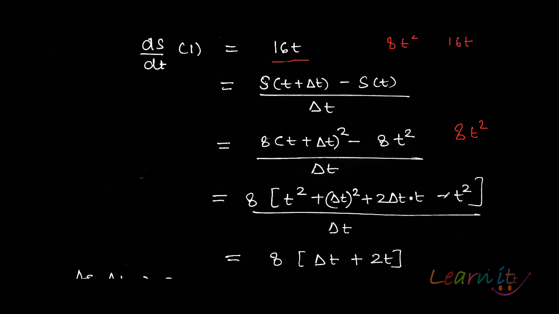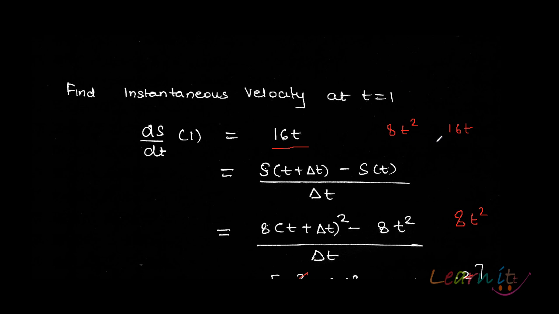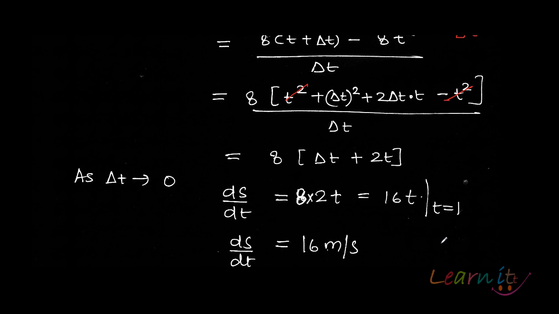Just open it up, this will cancel out, the remaining terms inside you can cancel with delta t as we have been doing, so it will be essentially 16t. So this was a direct derivative, by using the difference quotient. At time equals 1 it will give me 16 meters per second.